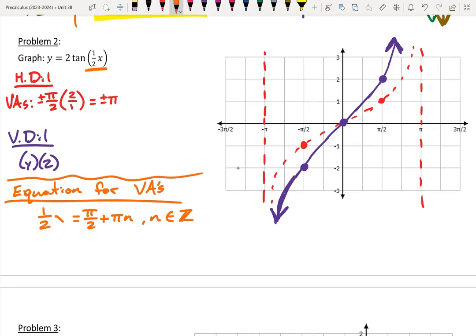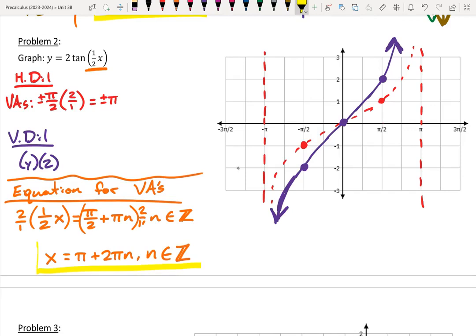So I'm going to do 1/2 x. All right, what do we do to solve that? Nathan, how am I going to get x by itself? Divide by 1/2 or multiply by its reciprocal, right? So I'm going to multiply by the reciprocal. So that will leave us with just x. So what is x equal to, Brandon? What would x be equal to? Plus? Pi n. N is an element of the set of integers. And there we go. That is done.